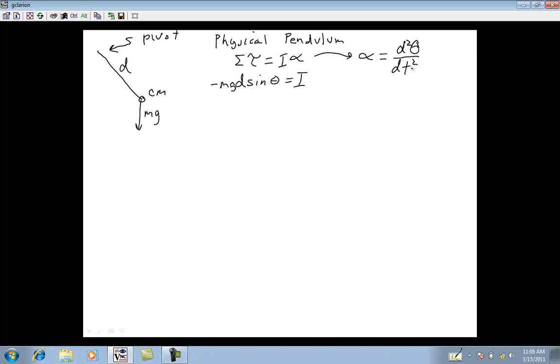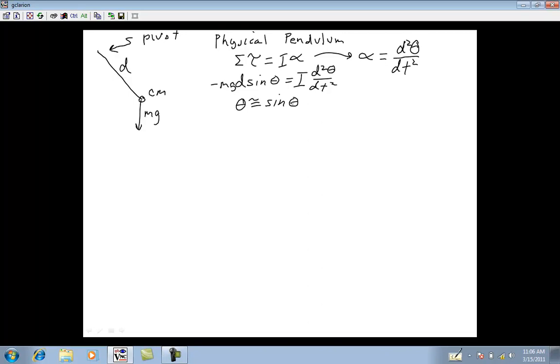So that's alpha, so I can replace alpha with this. And again, I'm going to use the small angle approximation, where theta is pretty close to sine theta. The other one was a point mass pendulum. It's called a simple pendulum.